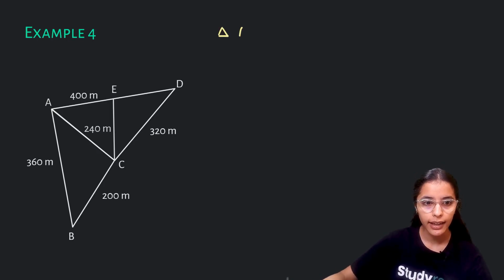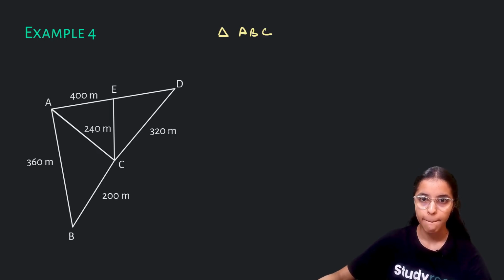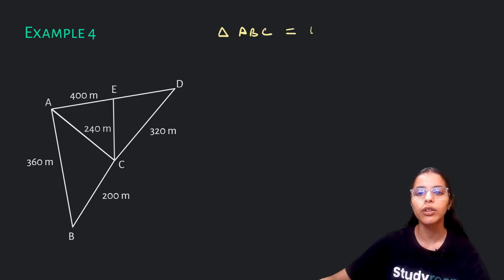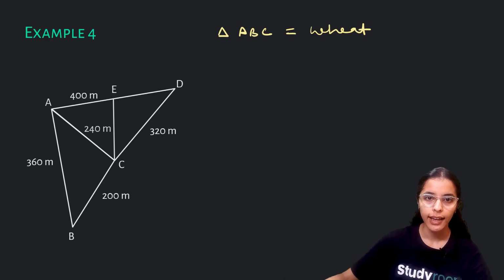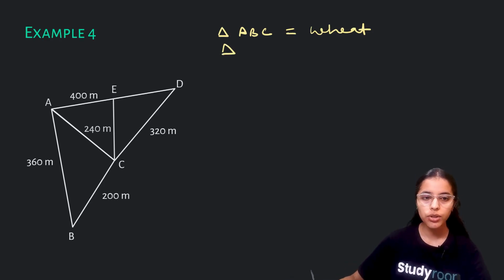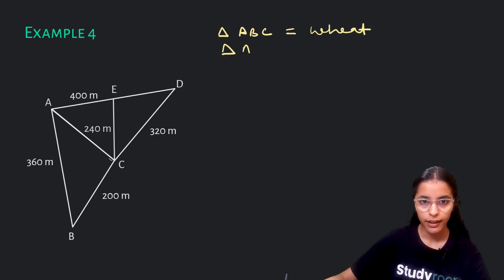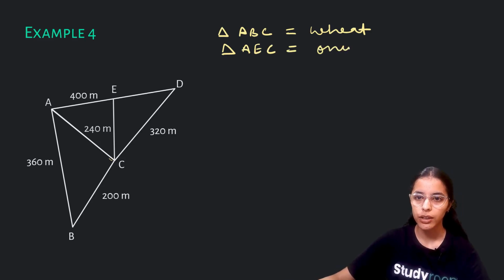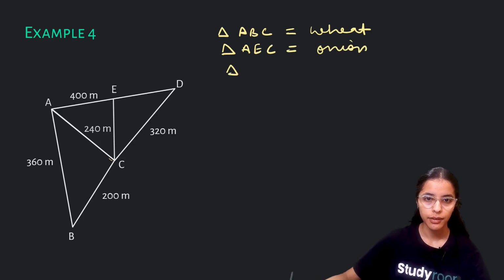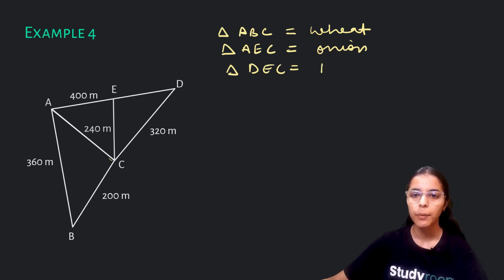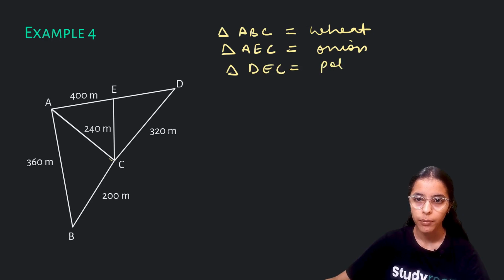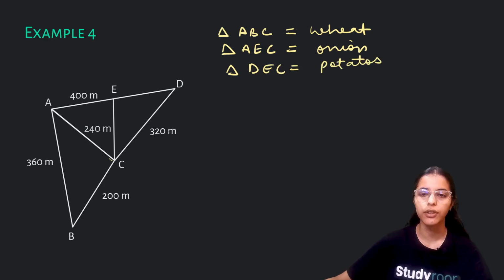First, let me write down the triangles in which different crops are grown. So in triangle ABC, the grown crop is wheat. Then these two triangles are for potatoes and onions. In triangle AEC, onion is grown, and in DEC, potatoes are grown.